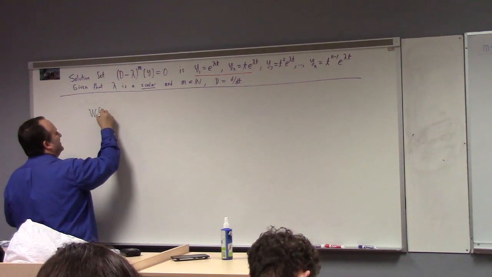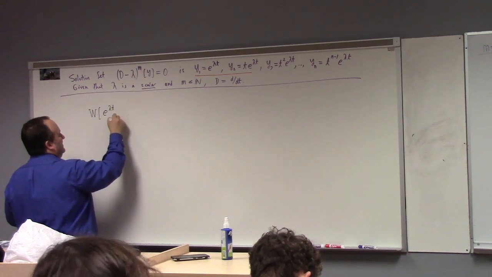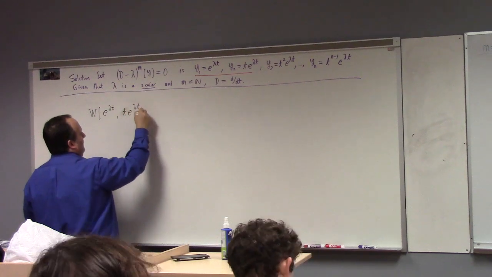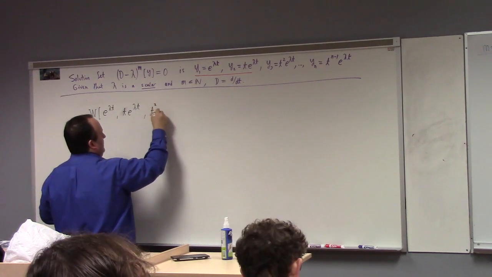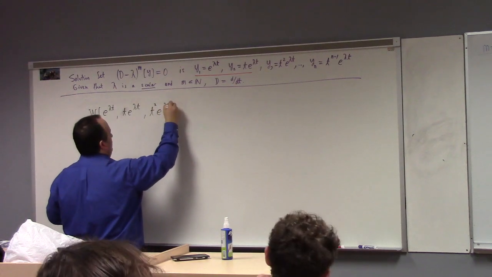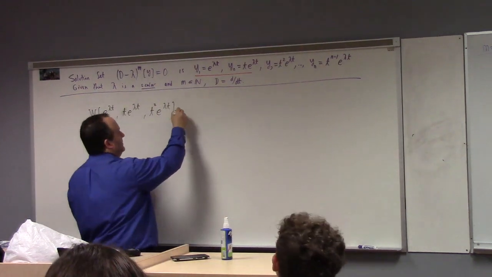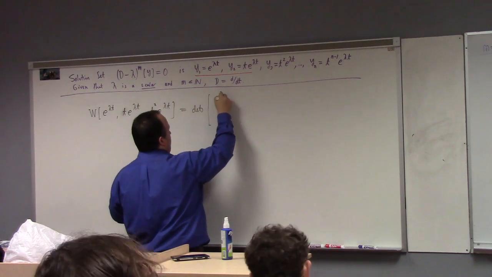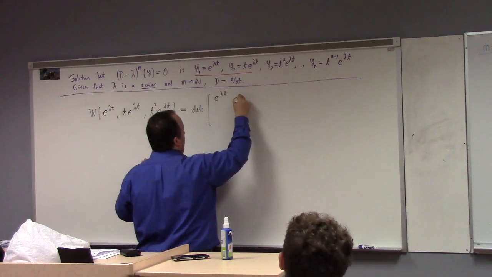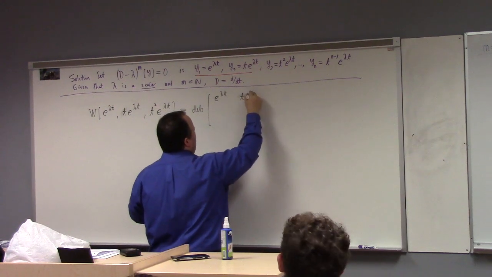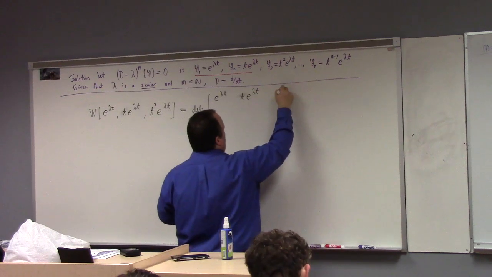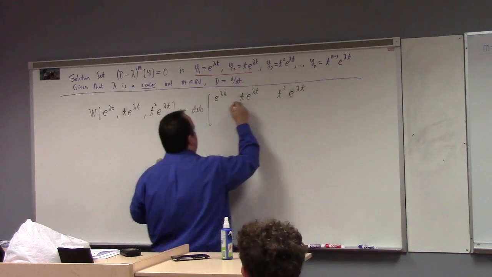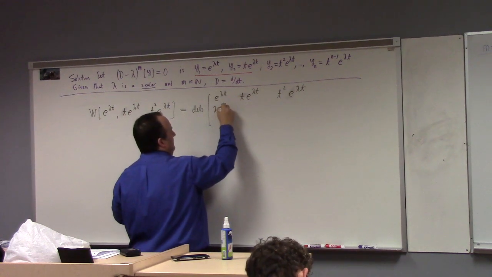All right? So let's do e to the lambda t, t e to the lambda t, t squared e to the lambda t. So this would be the determinant of, let's see here, the top row is the functions, right? The first one doesn't hurt too much. Differentiate, right?